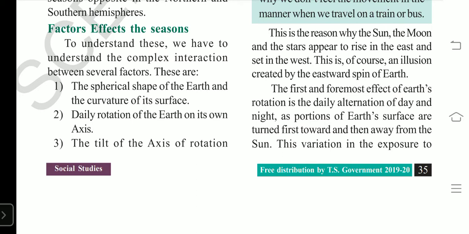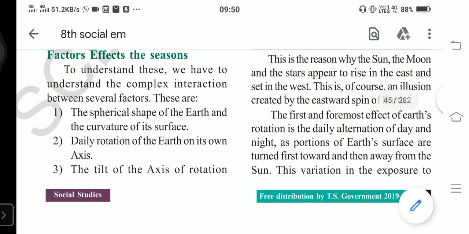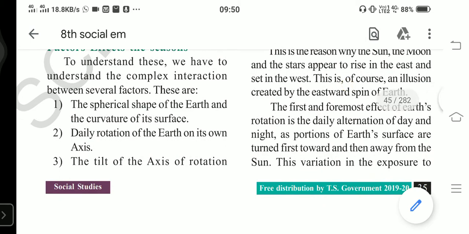The first factor is the spherical shape of the earth and the curvature of its surface. Second is the daily rotation of the earth on its own axis.